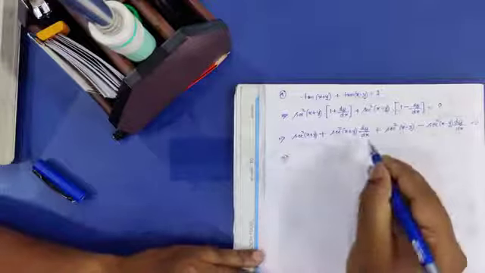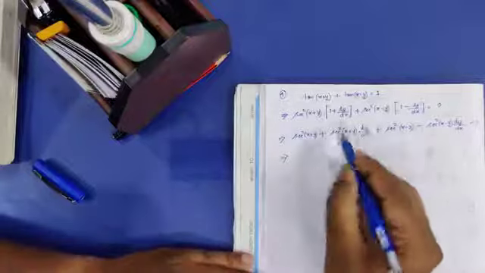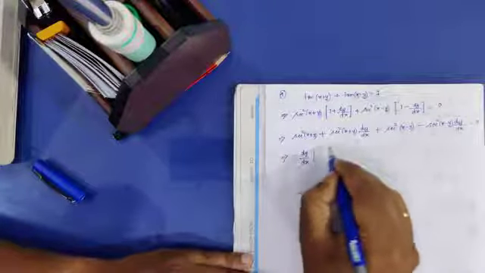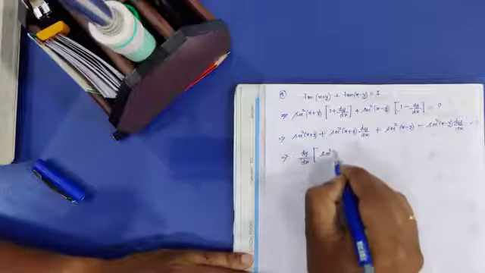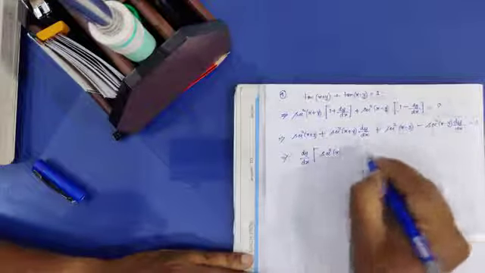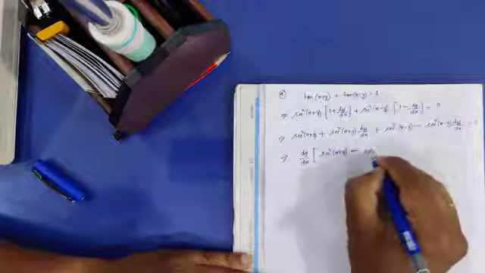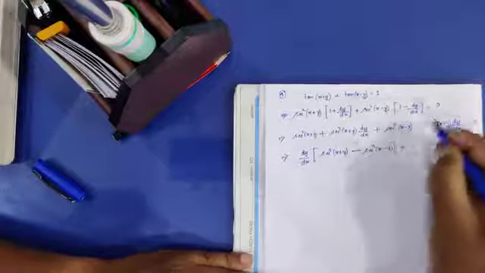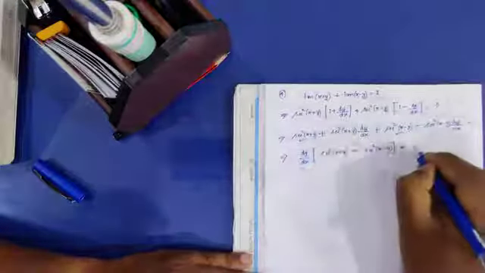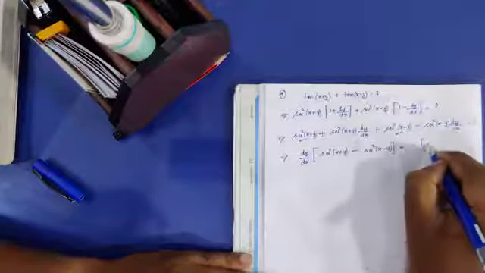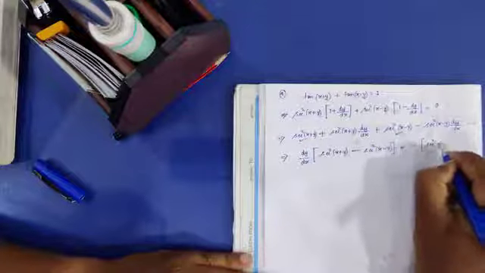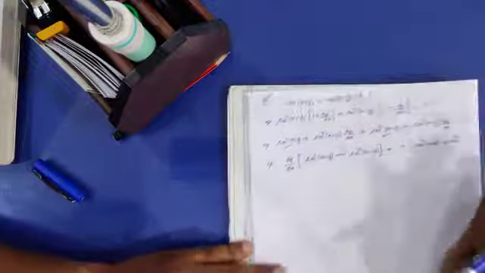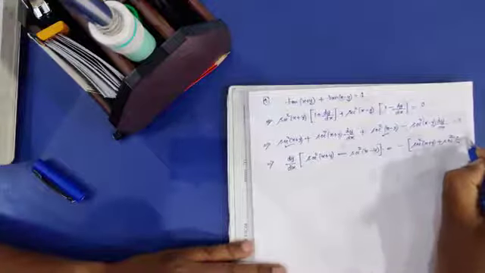Now collect all the terms involving dy by dx. Take dy by dx common from those terms. You will get sec square of x plus y minus sec square of x minus y. Taking the other terms to this side, you get minus of sec square of x plus y plus sec square of x minus y.